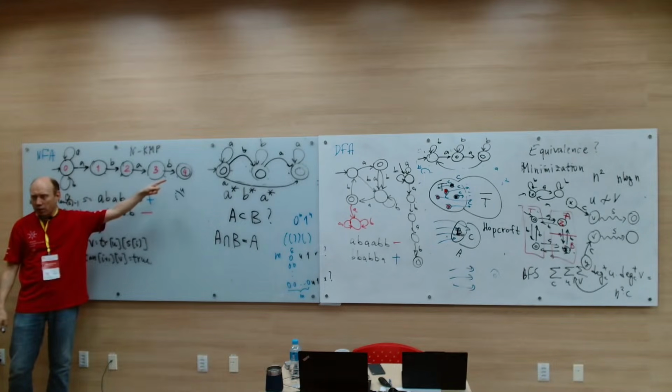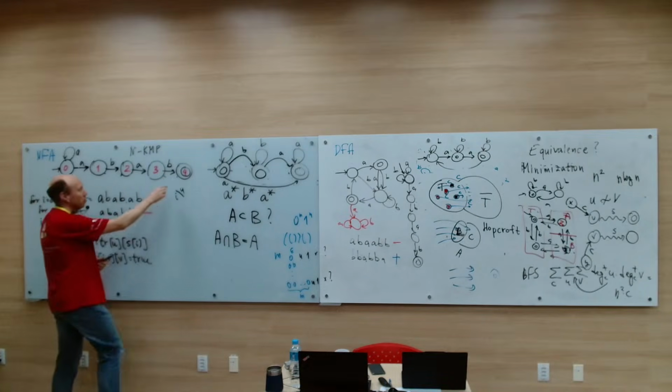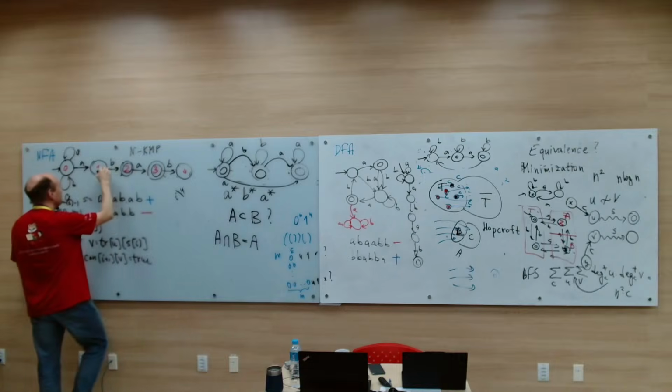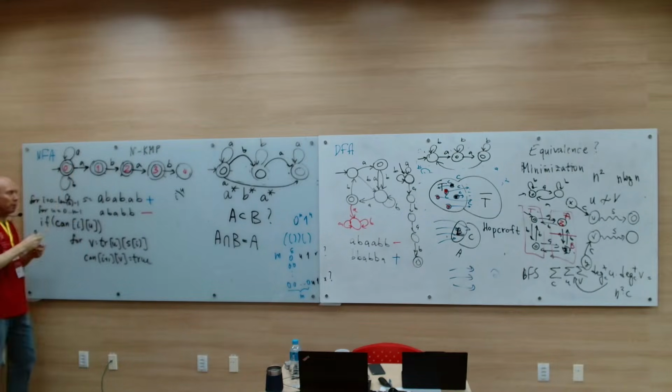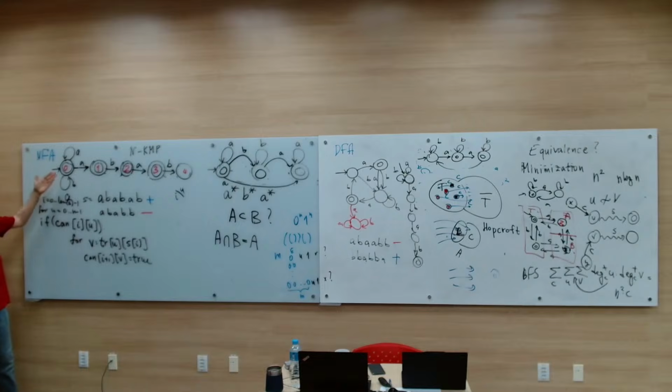Let's try. Let's make this state non-terminal and these other states terminal. Would it now accept strings that are not terminated with AB? It would accept them, but it would also accept all other strings as well, because this first state became terminal.